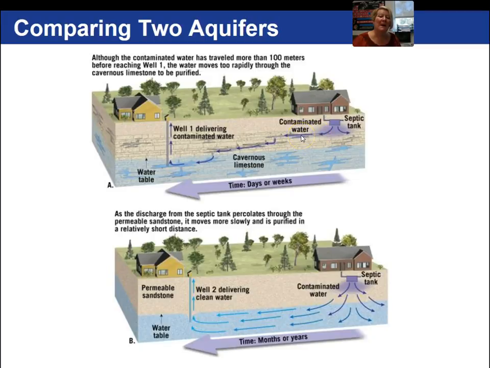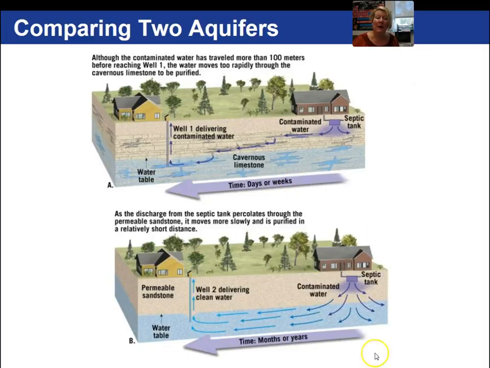But the main issue with this contamination is that it's traveling through cavernous limestone. That is limestone with great big openings in it. So the water travels quite quickly and gets into well 1, delivering contaminated water to that house. And we're talking days or weeks as far as a time frame.